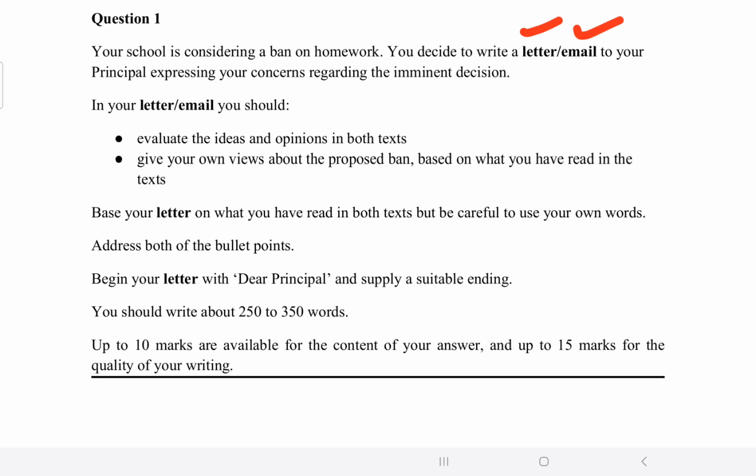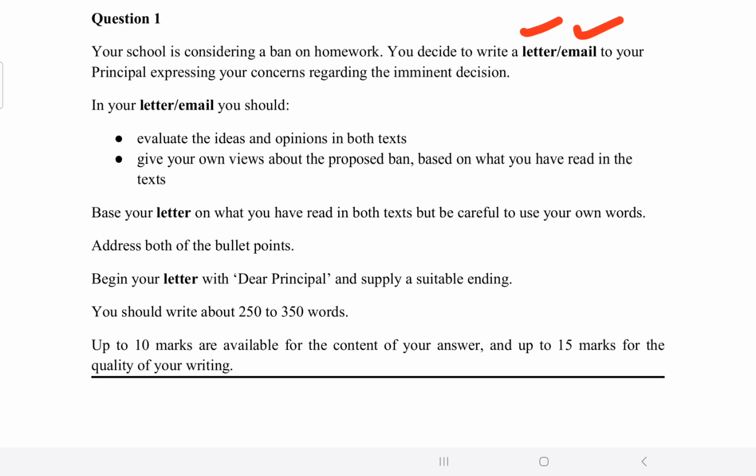Now there is no mention of formal or informal in the question. You will decide it yourself, whether your email or your letter is formal or informal, after deciding who your audience is. Let's read the question.